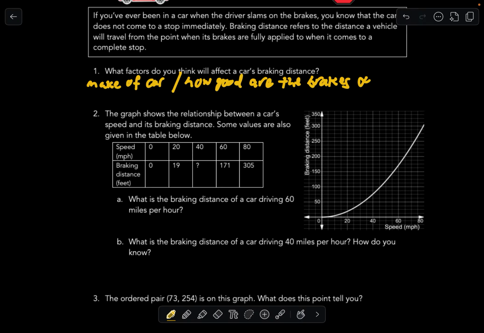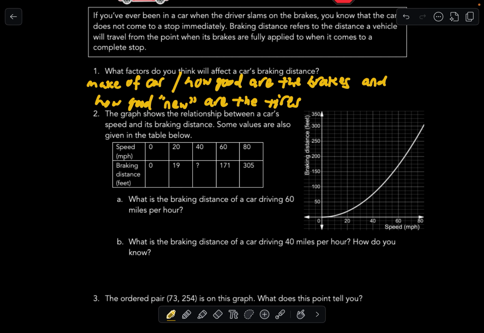And as another thought, the wear and tear on the tires, and how new are the tires, which is the only part of the car that touches the road. Again, there's really no right or wrong.